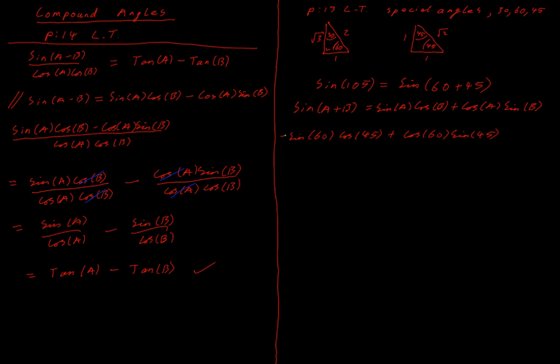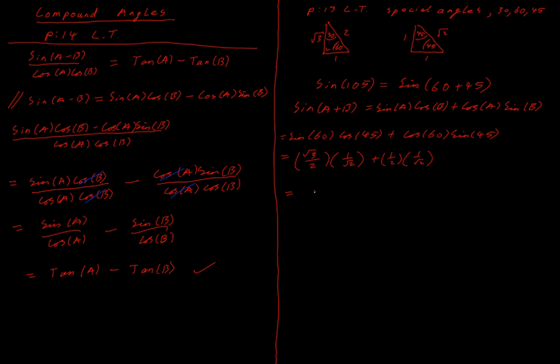Now I go to my log tables, page 13, and read off from the table: sine of the angle 60 is equal to root 3 over 2. Cos of the angle 45 is equal to 1 all over root 2. Cos of 60 is equal to a half. And sine of 45 is also equal to 1 all over root 2. Now you can read these from the diagrams here as well, but you do have them available to you in the log tables.